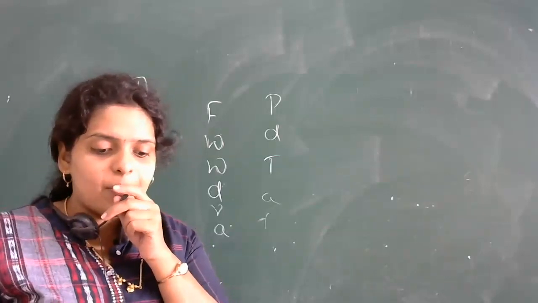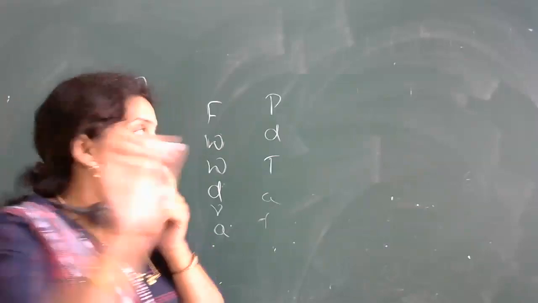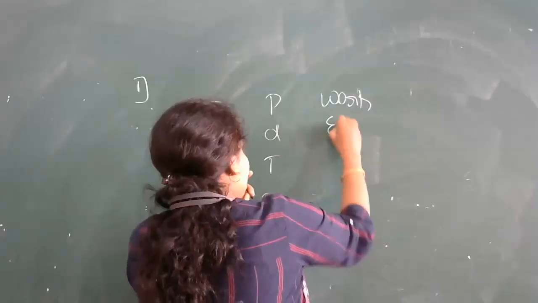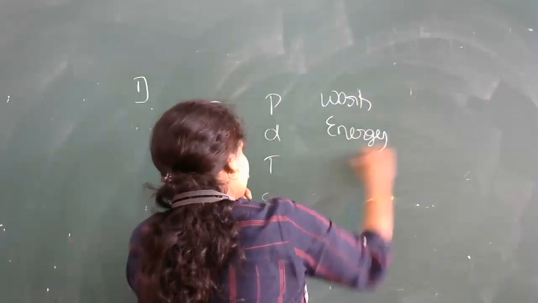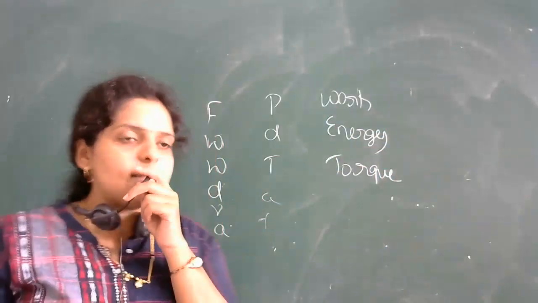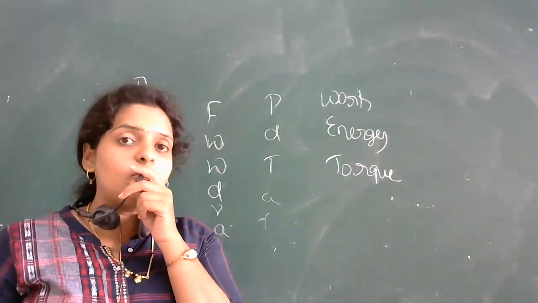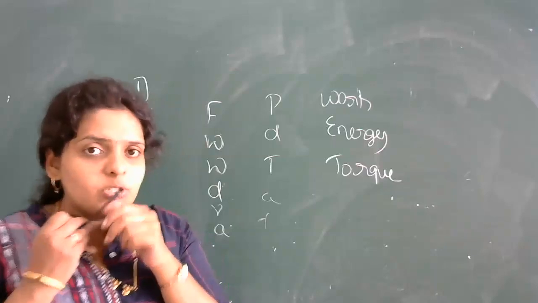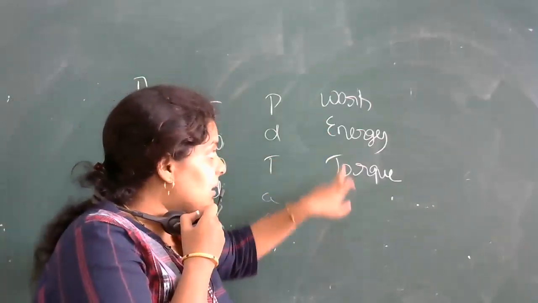For example, just see work, energy and torque. In the last class, I told you to note down some dimension formulas. I hope you have that book with you. Just check work, energy and torque.